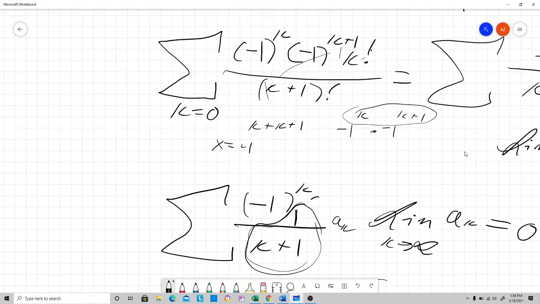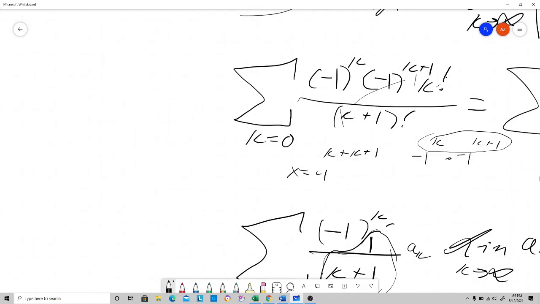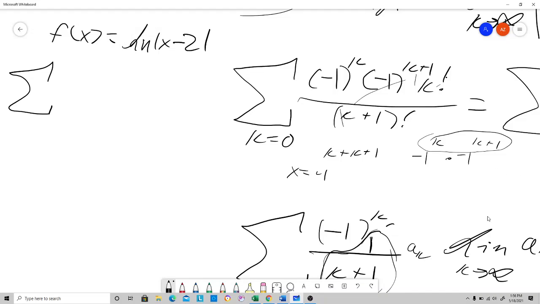So in summary, our final result should be that the Taylor series for f of x equal to ln x minus 2, if we take the simplified version, is negative 1 to the k, and then the k factorial, that will simplify, so it will be k plus 1, just as an alternating series, as k equals 0 to infinity.